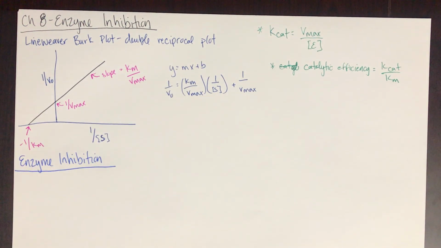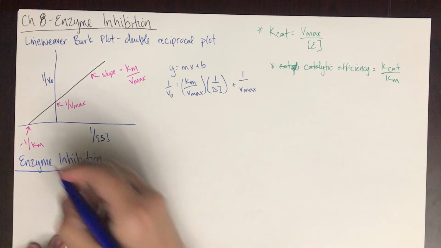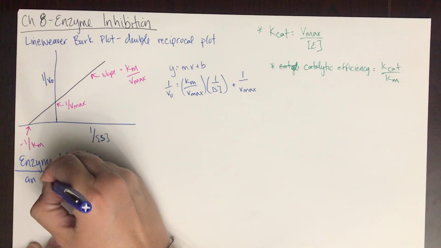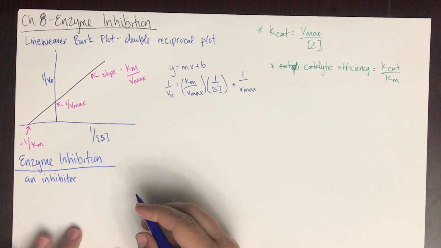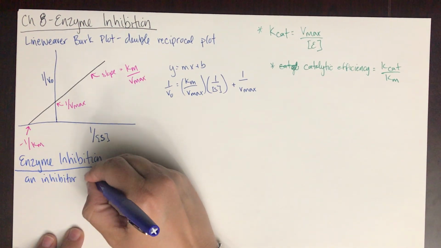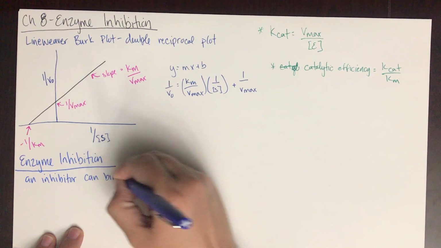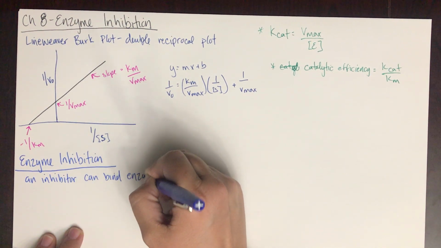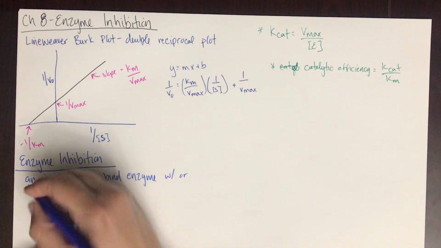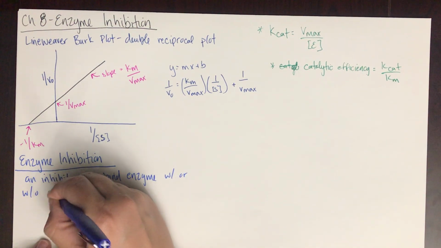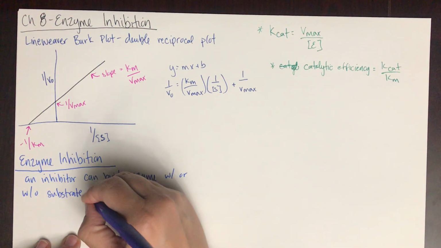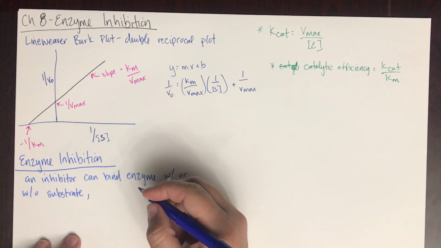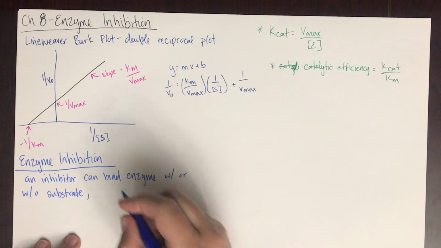So an inhibitor can bind enzyme with or without substrate, and it may affect the affinity of the inhibitor or substrate for enzyme.